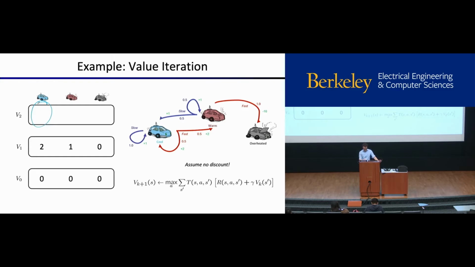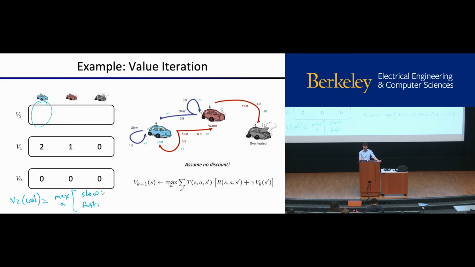So we could do this one more time, and I'm just going to do it for this one. Let's try and figure out V2 of the cool state. This is the max over actions. What are the two actions? Well, there's a slow and there's a fast. Each one of those is going to have different cases.